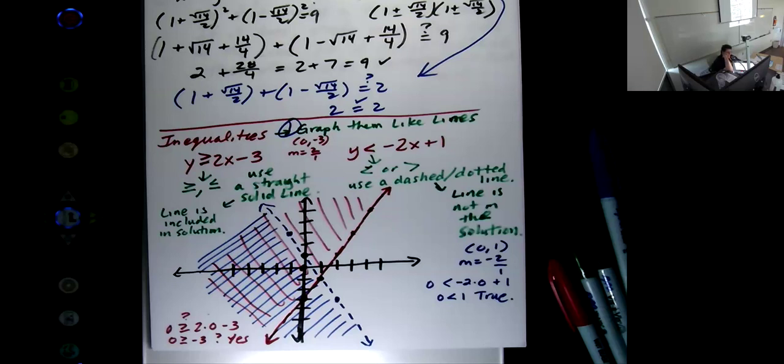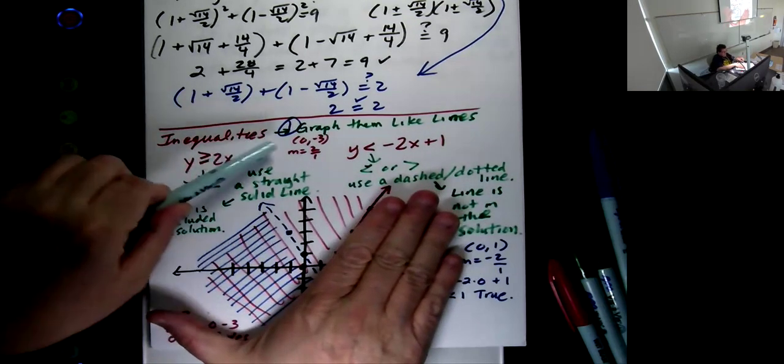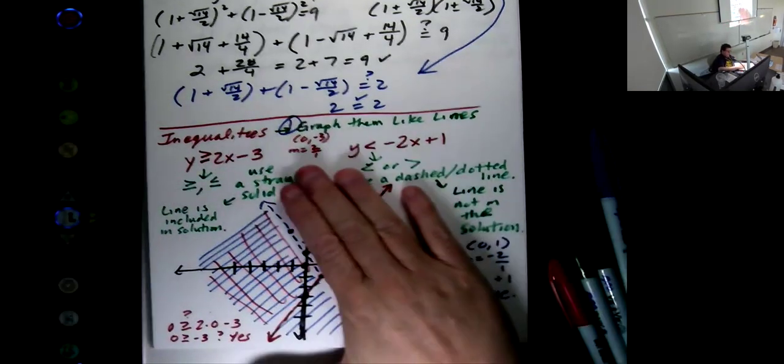Does that make sense? So if it was the red one, it would be all of this. If it was the blue line, we were doing all of this.